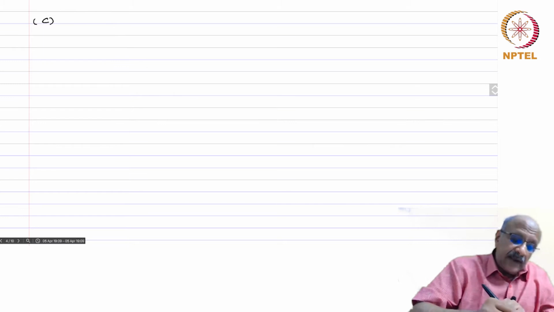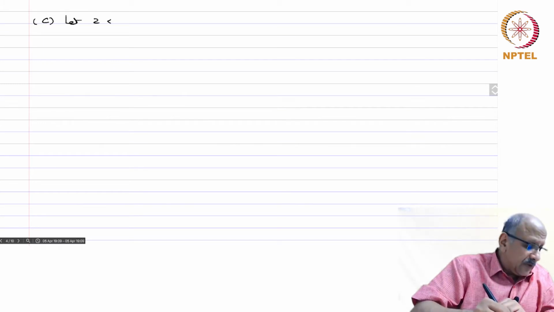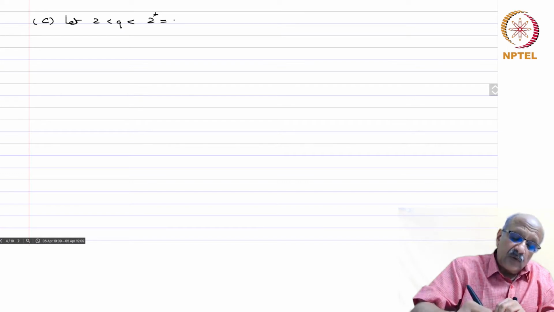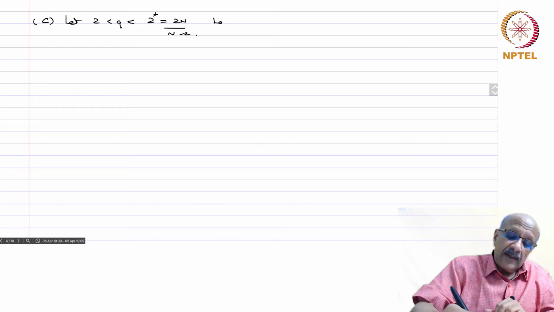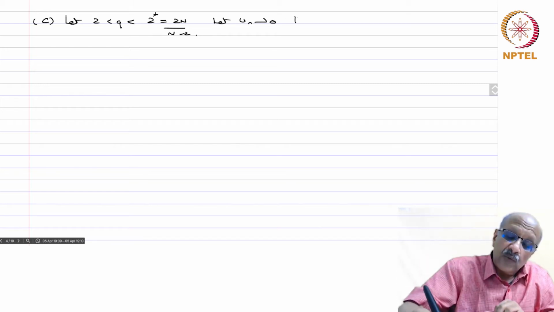Let 2 less than q less than 2 star, which is 2n by n minus 2. Let un converge to 0 weakly in H1 radial of Rn.